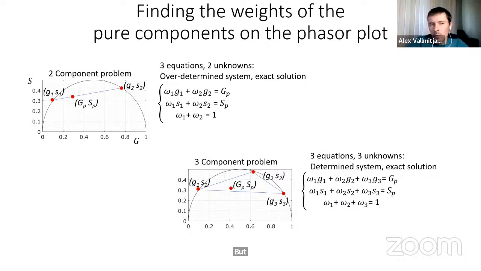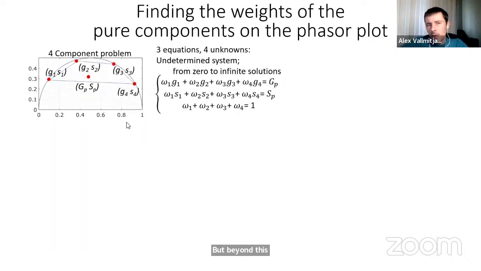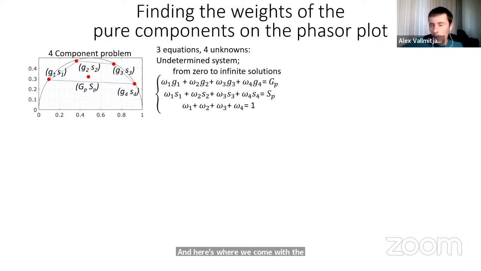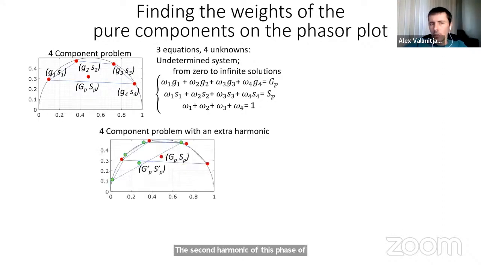If you have a four-component problem, now you have four omegas you have to figure out, and you only have three equations. And here is where we come with the multi-harmonic method, in which we compute the second harmonic of this phasor distribution to obtain a new set of equations for the second harmonic.